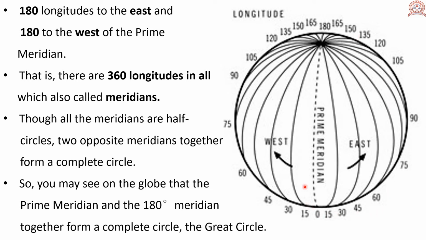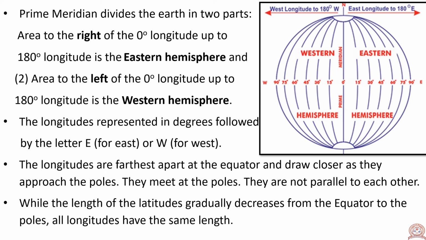That is the great circle. The prime meridian divides the earth into two parts. The area to the right of the 0 degree longitude up to the 180 degree longitude is the eastern hemisphere, and the area to the left of the 0 degree longitude up to the 180 degree longitude is the western hemisphere.